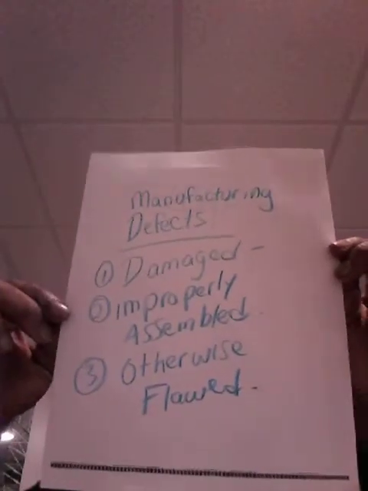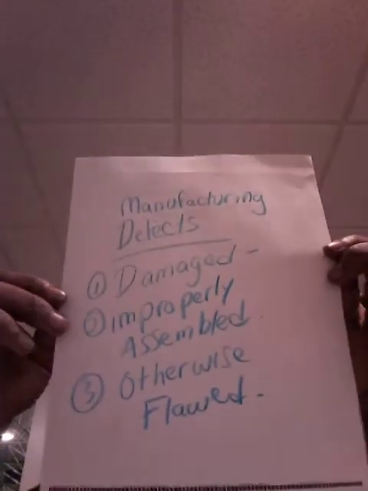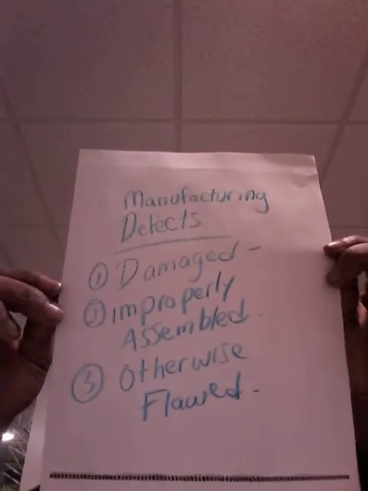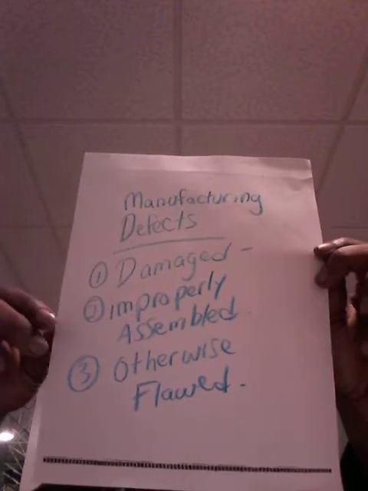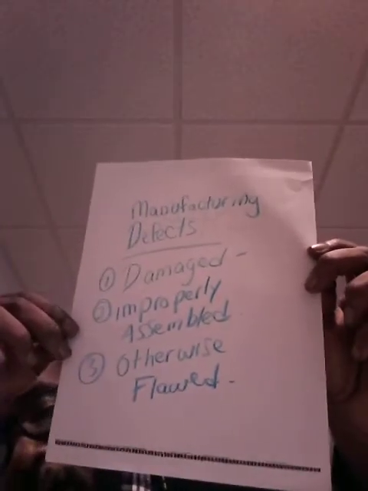That is what's known as a manufacturing defect. So those three categories: damage to the goods, the product is flawed in some way, or it's been improperly assembled. And that can happen in a variety of ways. They could have failed to test it, like the wrong size screw could have been placed inside of the goods.